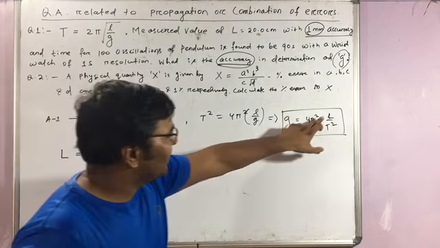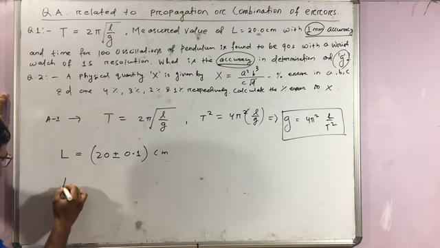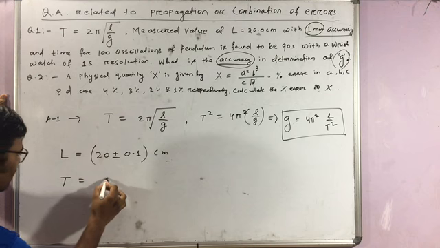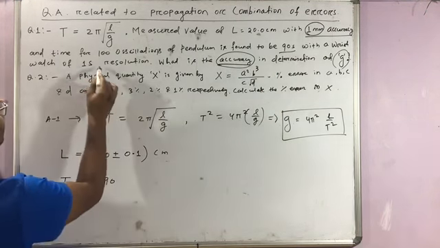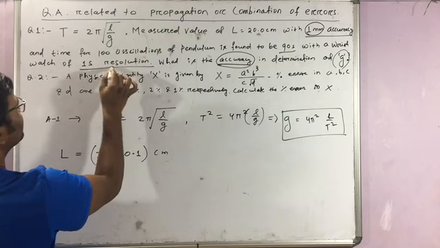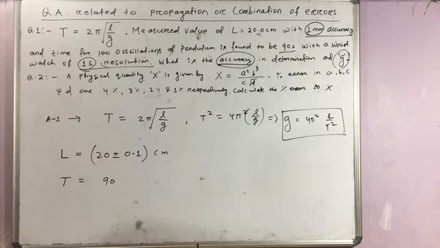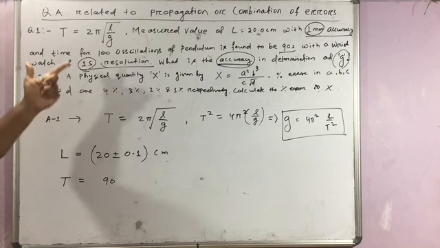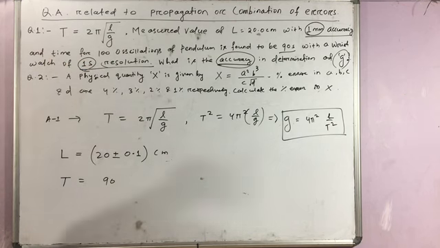This is the data given from the question. Now we need L and we also need T. The time given is T equal to 90 seconds with 1 second resolution. Here resolution means the minimum value of measurement, that is the least count of the instrument, or the maximum absolute error in an instrument, that is 1 second.